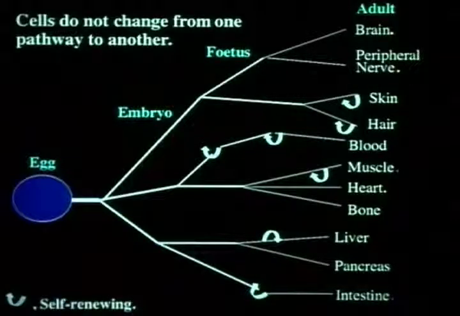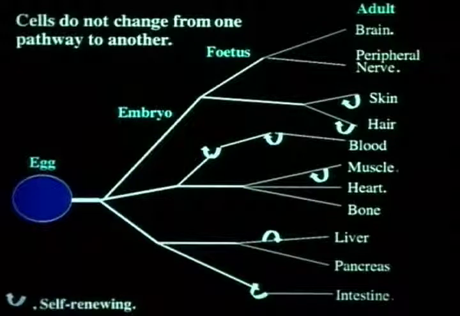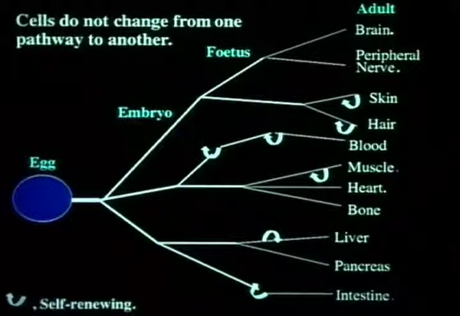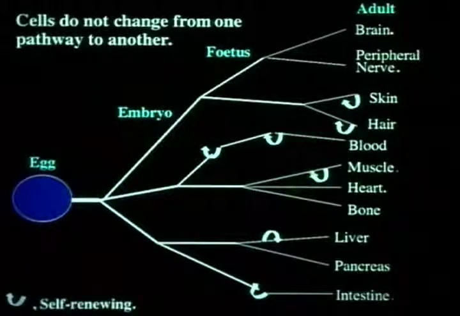Now, we're familiar with the normal pattern of development, so that as the egg forms the embryo, these various cell types are formed, and we know that there is really no normal reversal of this, so you wouldn't get peripheral nerve turning into heart or muscle into intestine.